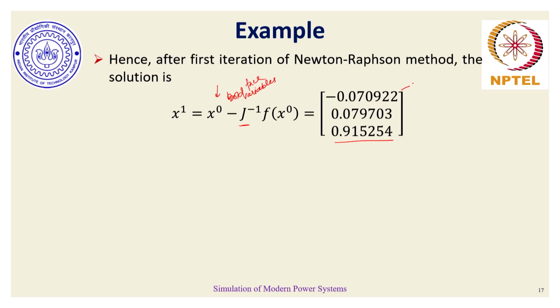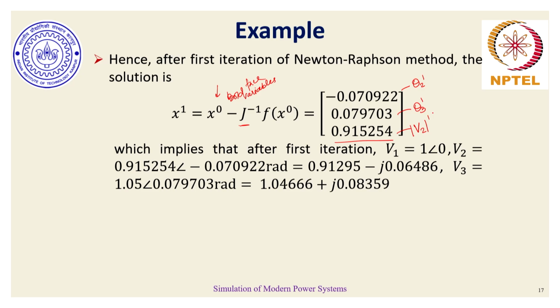This x1 is actually theta 2 (1), the second element is theta 3 (1) and the last element is V2 (1), and that is where we get V2 as 0.91542 at an angle of minus 0.072 radians, and similarly V3 remains as a PV bus, so 1.05 is specified. The next value is the same angle as that obtained here.